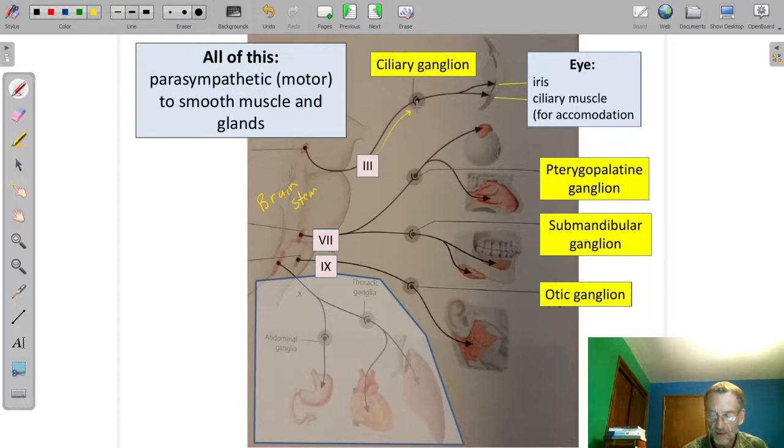This is in the orbit of the eye, and it is innervating the iris and ciliary muscle for accommodation, but it's the iris that I just mentioned. So what's going on in the iris? This is smooth muscle in the iris. So yeah, these are the constrictors for the pupil.